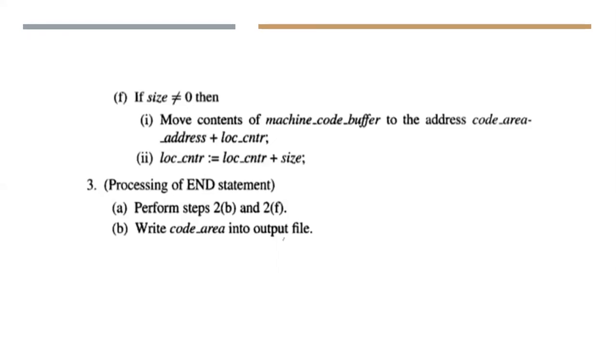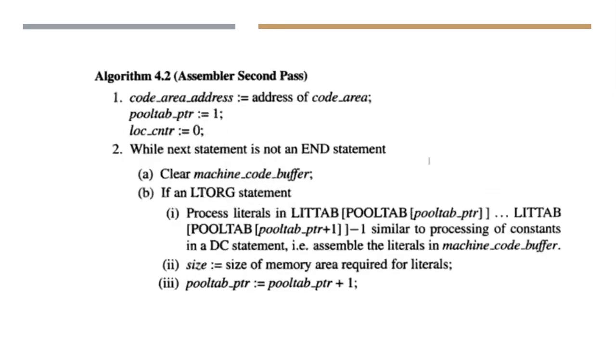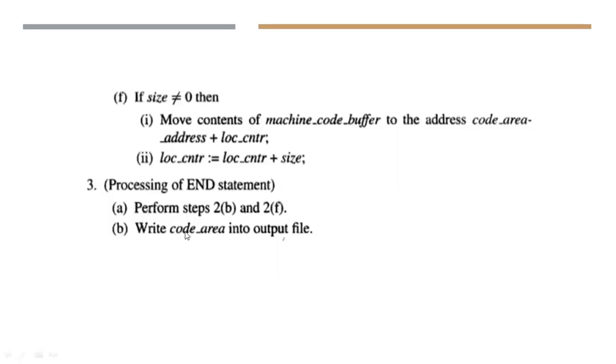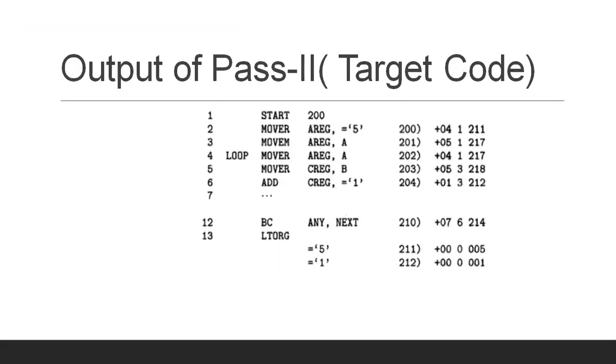So if the END statement is encountered, perform steps 2B and 2F. 2B is what is to be done if LTORG occurs, and 2F is what is to be done if size is equal to 0: just increment the LC. So this is how the algorithm of assembler pass2 works.